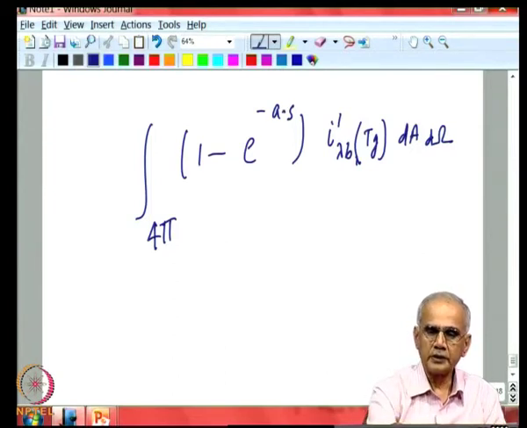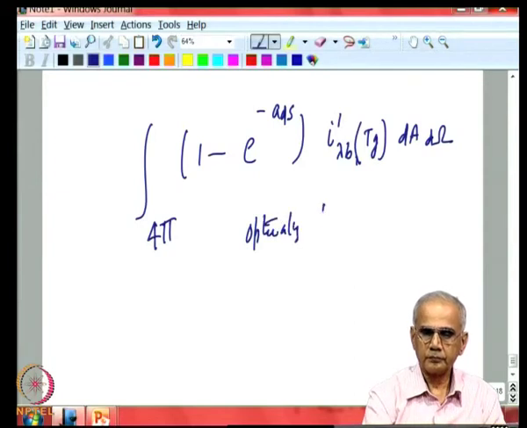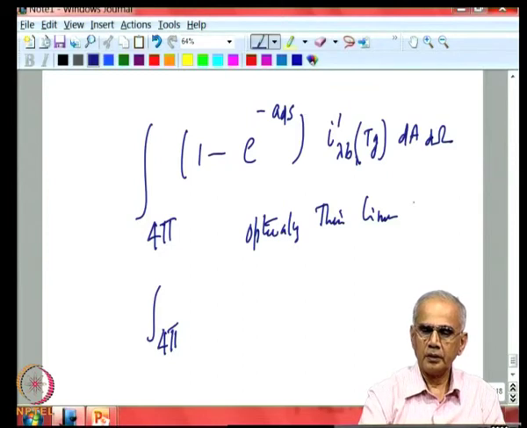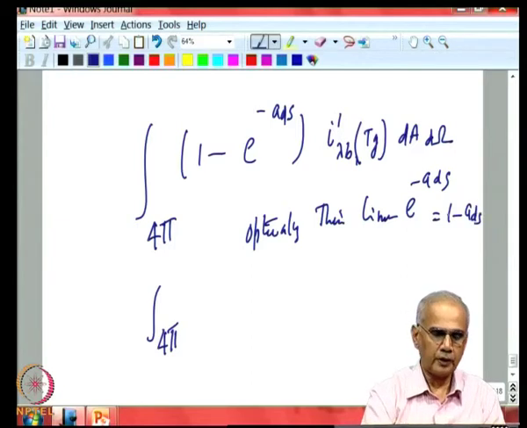So, we will call this as ds, and in the thin limit, optical thin limit, this can be written as, you expand this as 1 plus 1 minus a ds, substitute that, this becomes a.